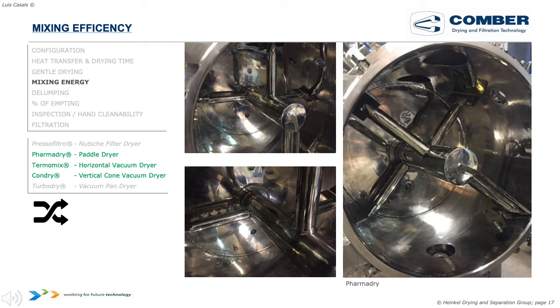Of course, ConDry is also a good option, but in terms of mixing energy, it's not exactly at the same level. It's a little bit worse. For this, I've highlighted these three options, paddle dryer, Thermomix, but I've also decided to highlight the ConDry.